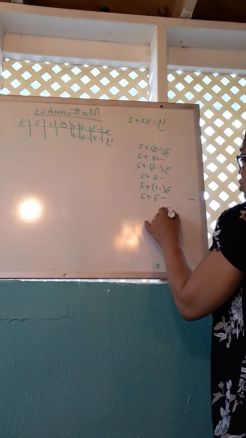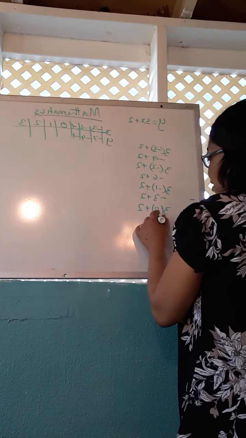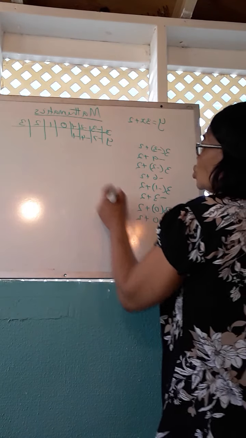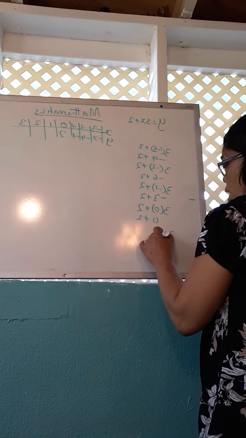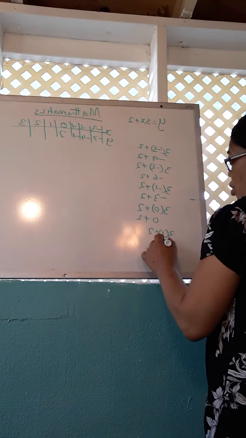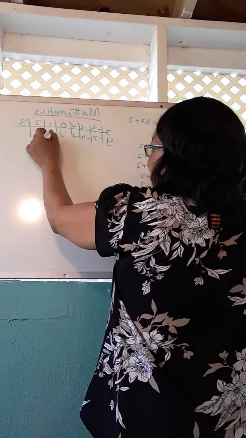My next value is 3 times 0 plus 2. 3 times 0 is 0 plus 2, which is going to give me 2. Then it's 3 times 1 plus 2. 3 times 1 is 3 plus 2, and that's going to give me 5.